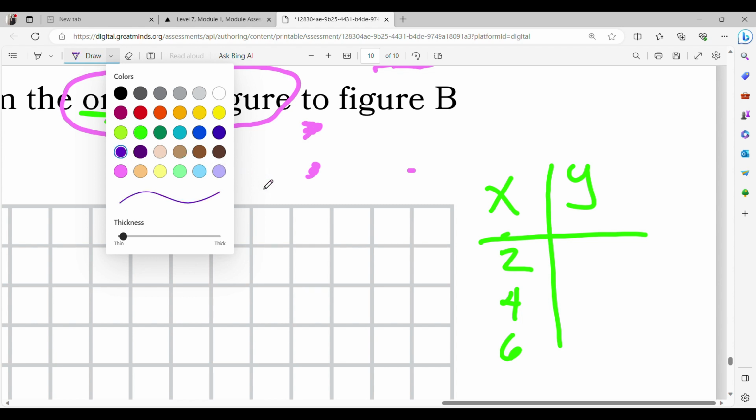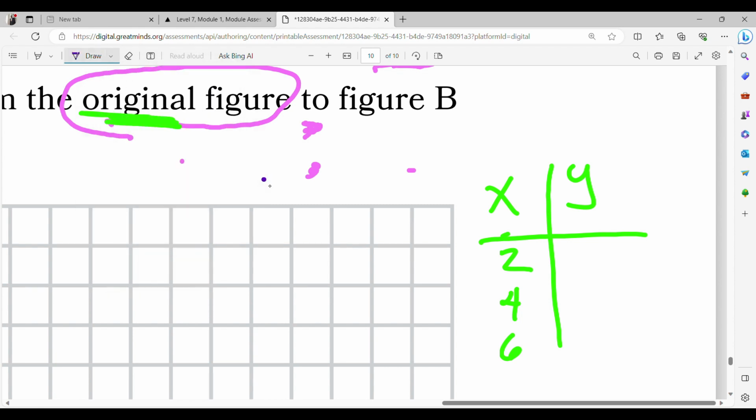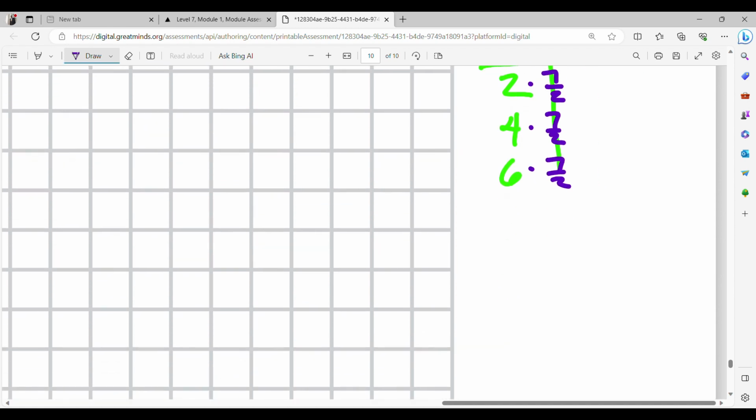Let's go back to purple. The rate is going to be 2 times 7 over 2. Again, 7 over 2. Let's do that 3 times. Two over 1 times 7 over 2.